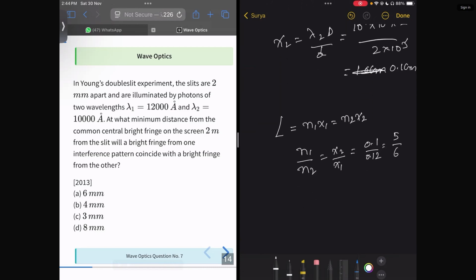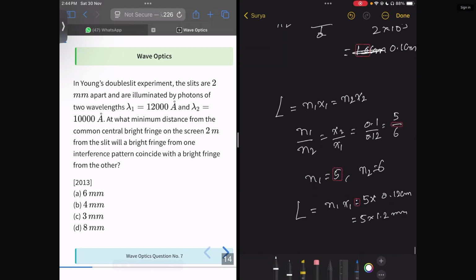So n1 is 5 and n2 is 6. The position of the coinciding fringe is L is equal to n1 x1, so 5 into 1.2 millimeter, which is 6 millimeter. So option A is the right answer.